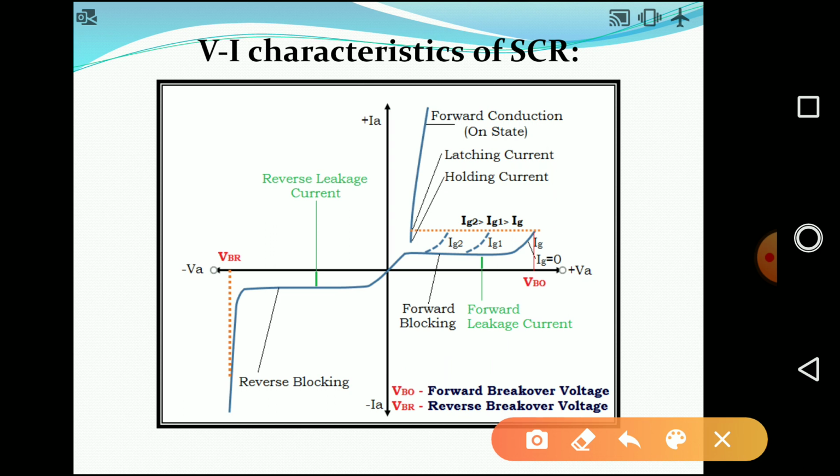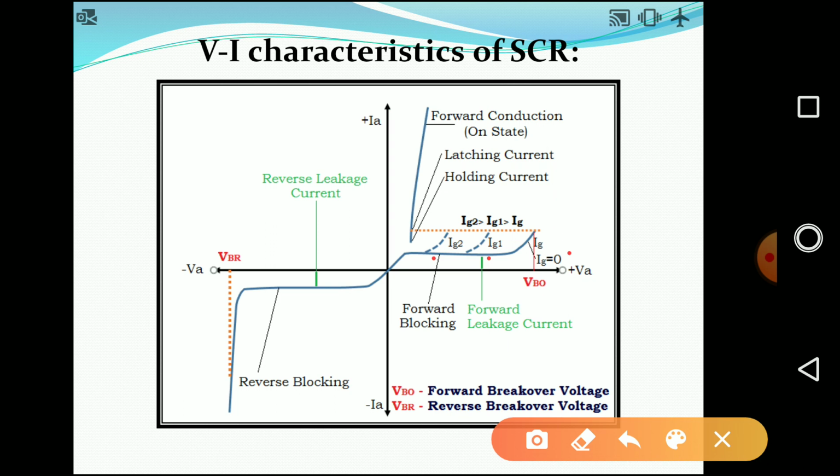Here anode to cathode voltage is given to the anode to cathode terminal of the SCR. Initially the graph represents Ig equals 0, Ig1 increasing, Ig2 increasing. Here we can observe that when Ig is kept 0, the SCR turns on at VBO. VBO is the forward breakover voltage.